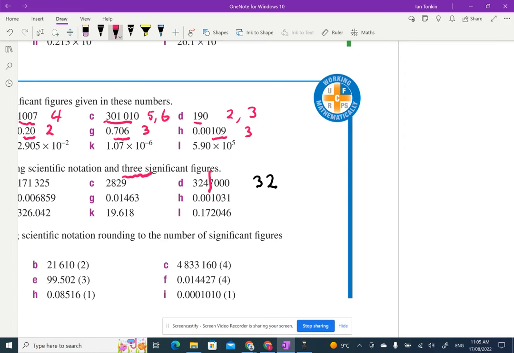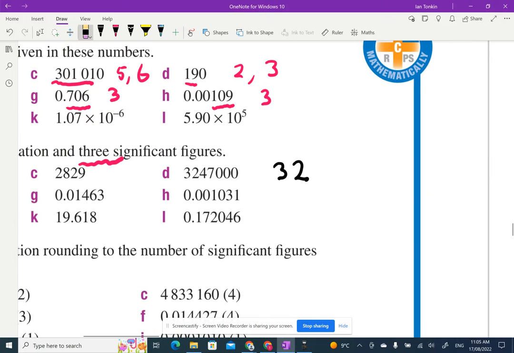I have to decide, and I'm going to make it bigger because now we can't see the number behind. We have to decide whether I'm going to write that as a 4 or a 5. And the number behind is 7, so it's closer to a 5. So I'll make it 5, and then I have to add the other numbers for place value. So I have to add 4 zeros. So there's my 3 significant figures.